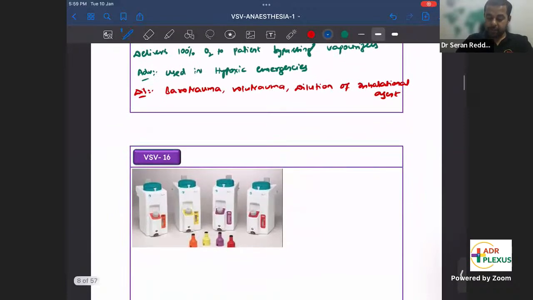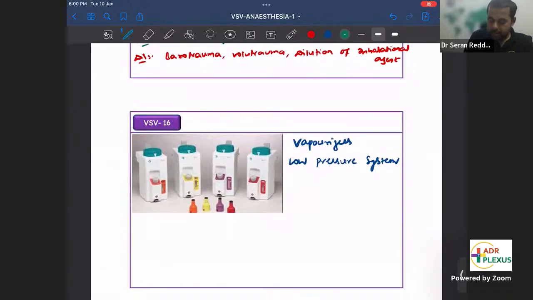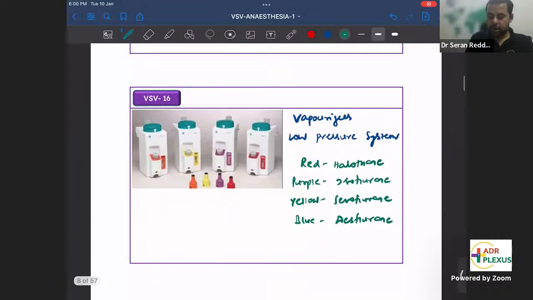Then coming to these vaporizers, they belong to the low pressure system. They are color coded. Here the most important component is vapor pressure. The color coding is red halothane, purple isoflurane, yellow sevoflurane, blue desflurane.